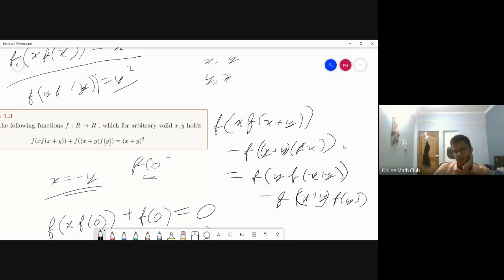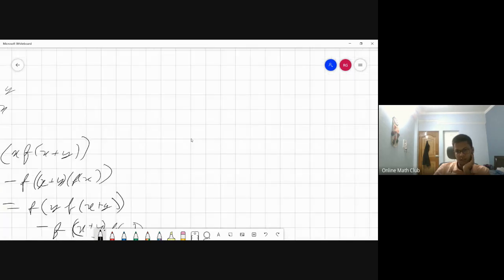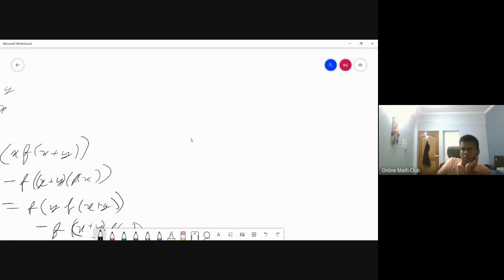The function I tried to create here is just, for some a comma b, f of a f of b minus f of b of a. That's what this basically looks like for b equal x plus y, a equal x.